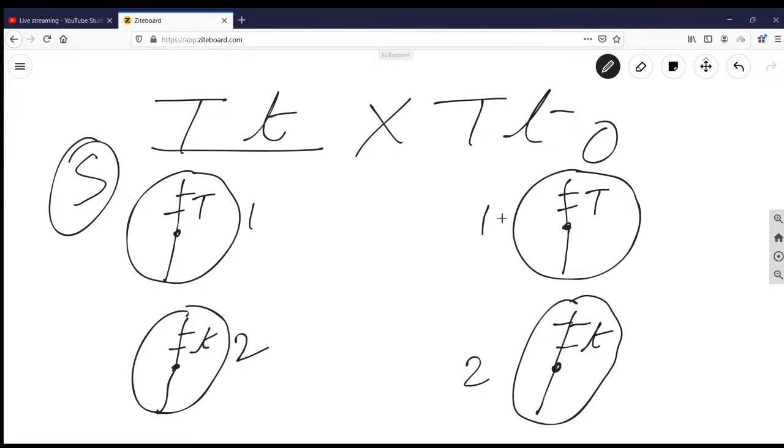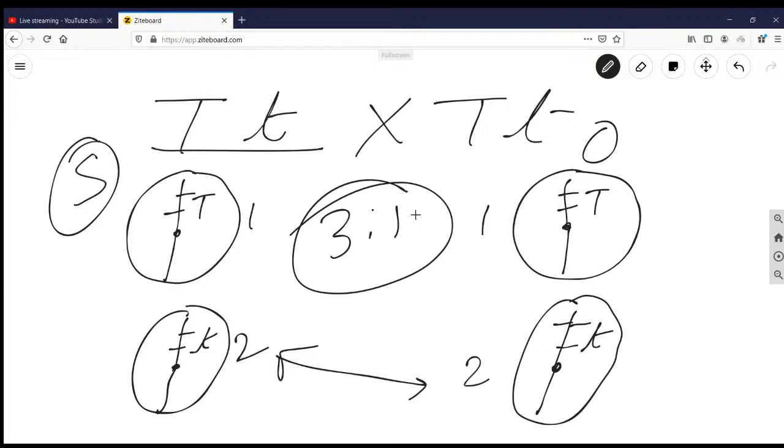Suppose 1, 2, 1, 2. If 1 and 1 meet, the kid will always be tall. If 1 and 2 meet, the kid will always be tall. If 2 and 1 meet, again the kid will always be tall. But if 2 and 2 meet, that is the 25% chance, because 3:1 means 1 time out of 4. 1 1, 1 2 and 2 1 are making you tall. Only one event, 2 2 mating, is making you dwarf.